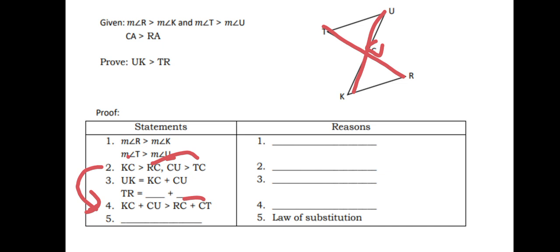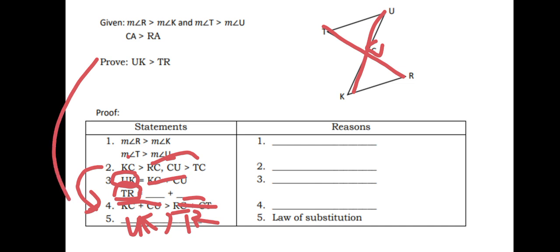Then for number 5, since KC plus CU is equal to UK, we can substitute KC plus CU with UK, which is greater than this one, TR.